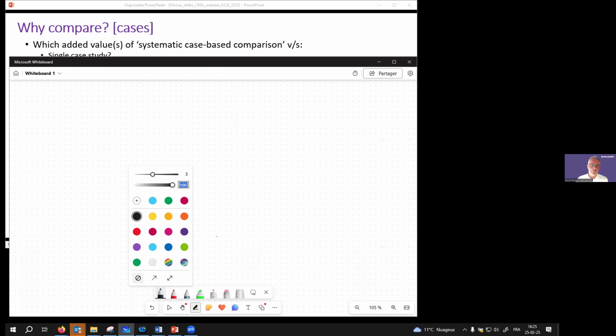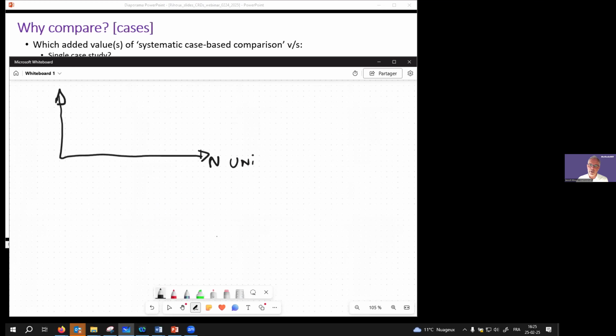Okay, so when you do comparative research, you basically have an arbitration across two axes, okay? And the first axis is how many units, right? The number of units, number of cases you will examine in your project, in your research. And it could be a very small n.